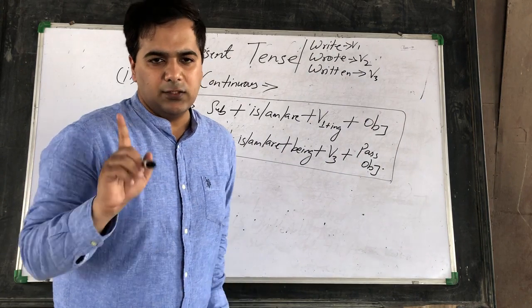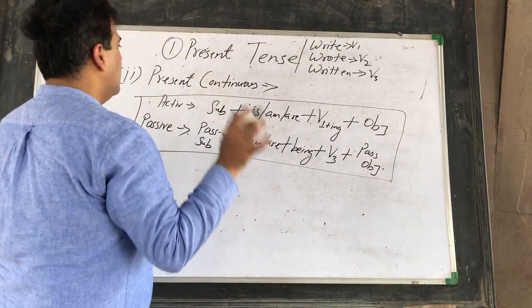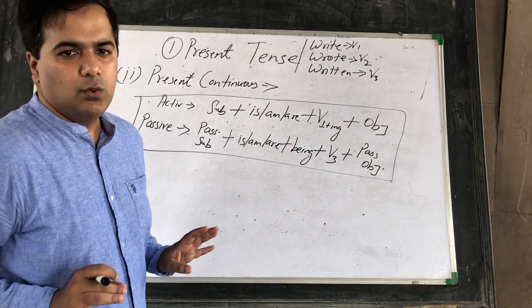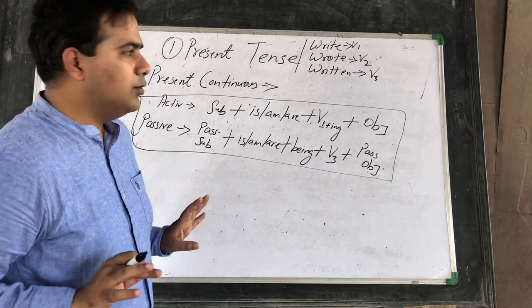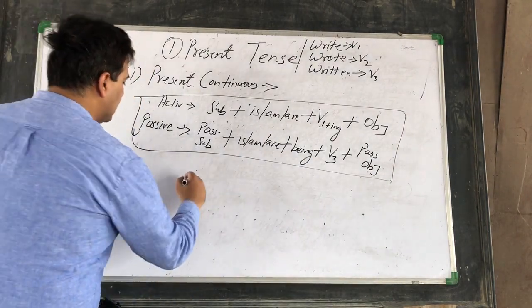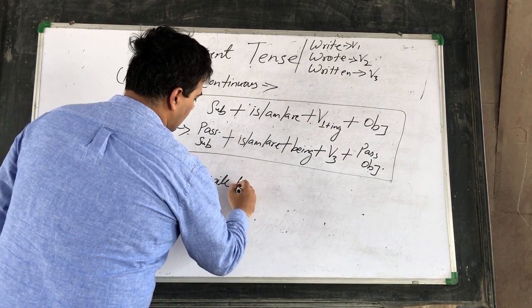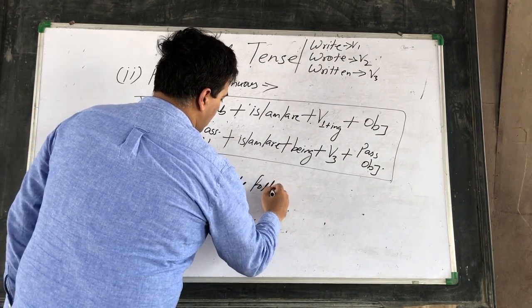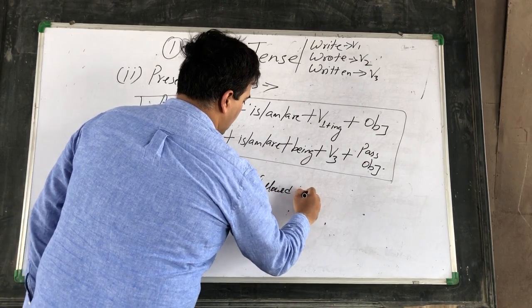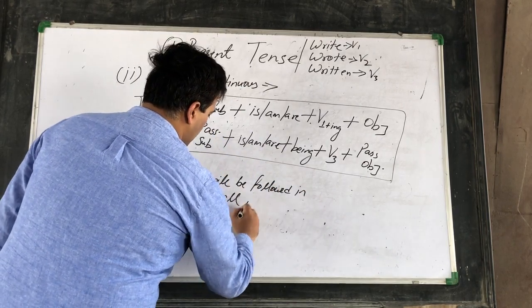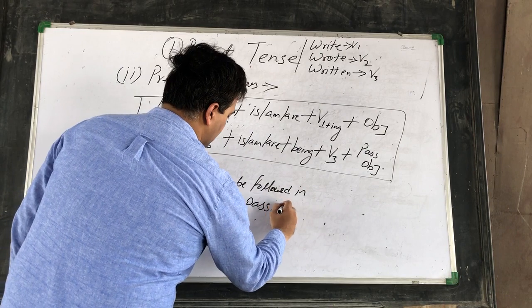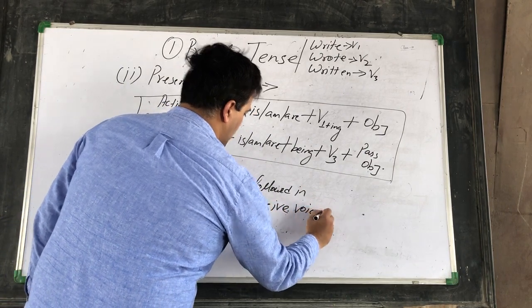Now one thing that should be noted: no matter what tense you are using, what tense is given to you, always the verb third form will be followed in all passive voice sentences.